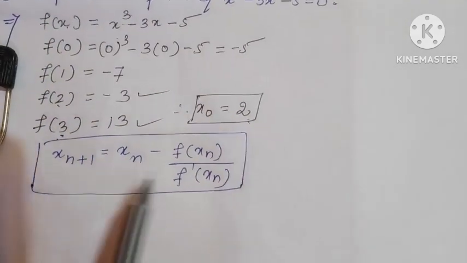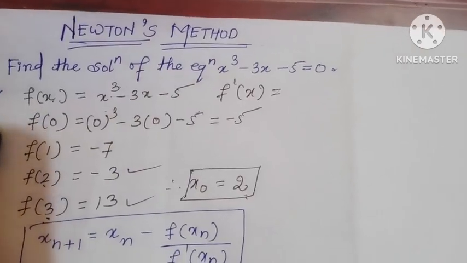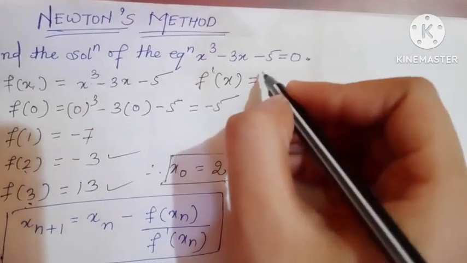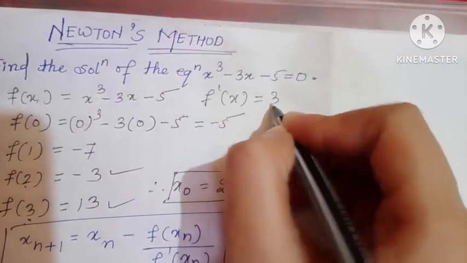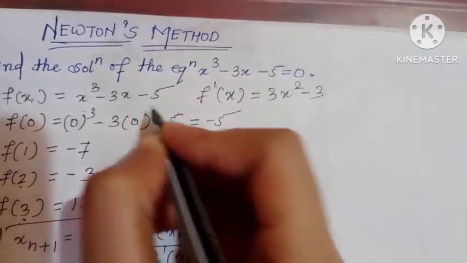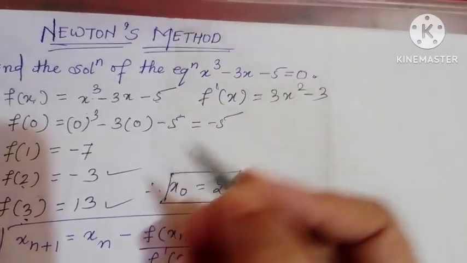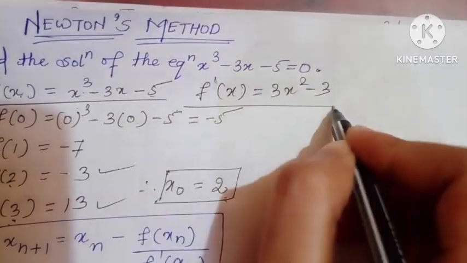So see, f(x) we have. So f dash x, you have to find the derivative. So it will be 3x square minus 3. And 5 derivative is 0 because constant. So we got f(x), we got f dash x.